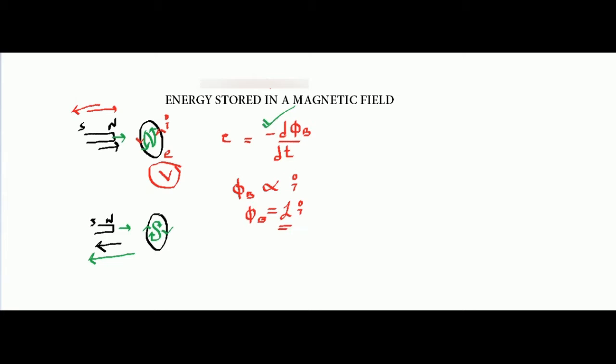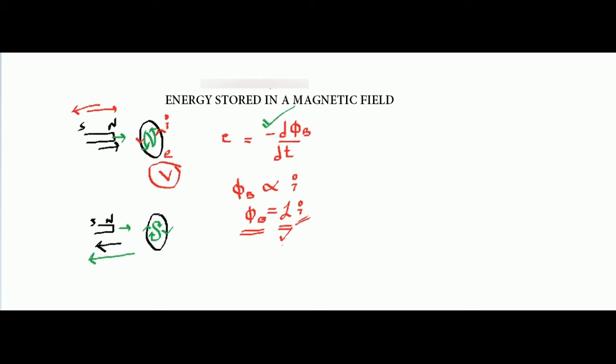This constant depends on the wire, so it says something about the wire. It says that a wire with self-inductance L will produce an electric current I if the magnetic flux phi is linked with it.